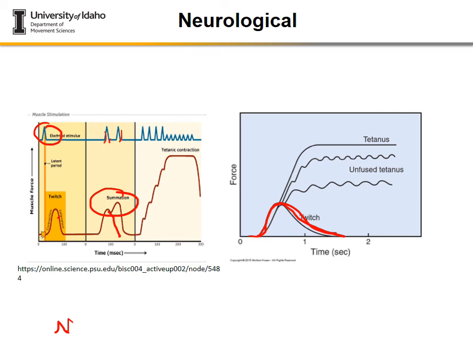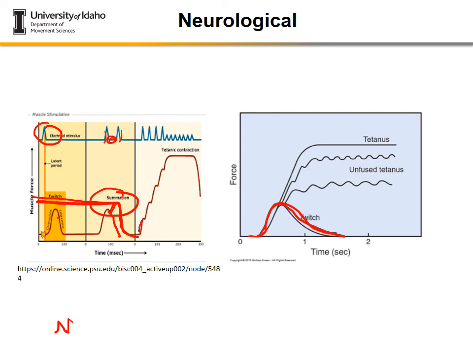If the time between those twitches is short enough, then you have a summation, and the action potential or the electrical impulse from the next twitch summates on top, and so you get an increase in force production because now I'm increasing the amounts of myosin and actin and myofibrils that are being activated to produce that force.